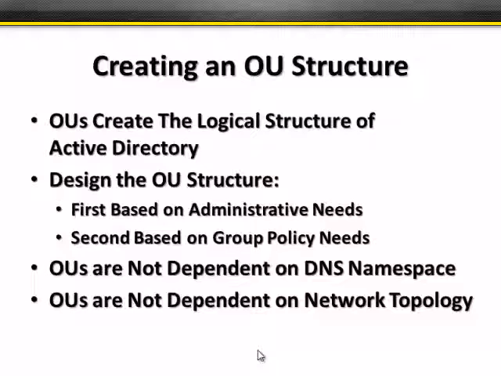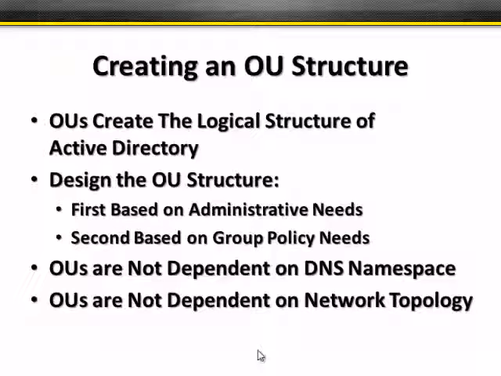That really is our centralized administration. So if we can't decide based on LAN teams or how we're going to divide up the administrative responsibility for our company, then we can also base our OU structure on group policy. But if you have to make a judgment call, you first want to break it up based on administrative needs, then go on to group policy.